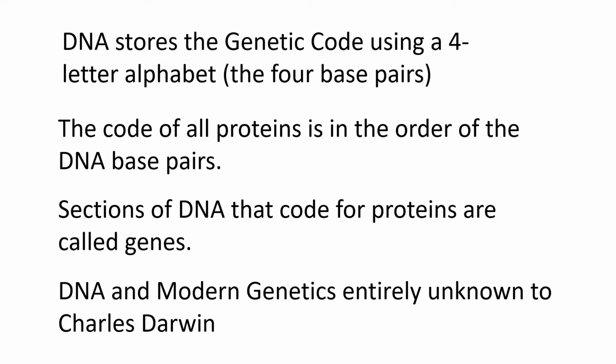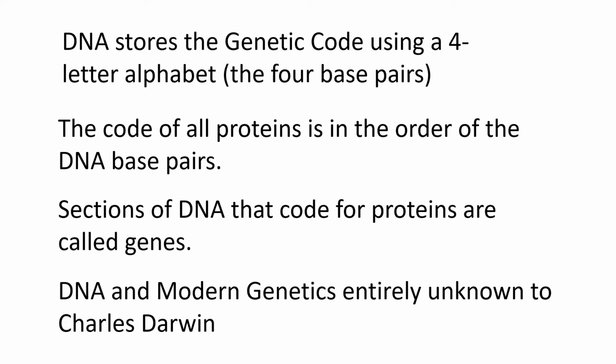And if I change the order of the letters, I would change those words or that meaning. The sections of DNA that code for proteins are called genes. And so a section of DNA which codes for a protein that performs a function in a cell, that is called a gene. And some genes determine eye color, some genes determine blood type, and so on and so forth.